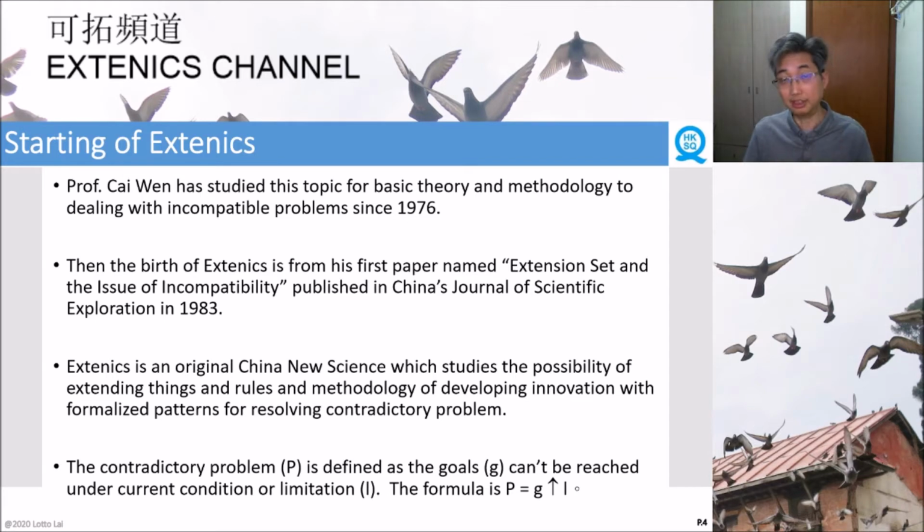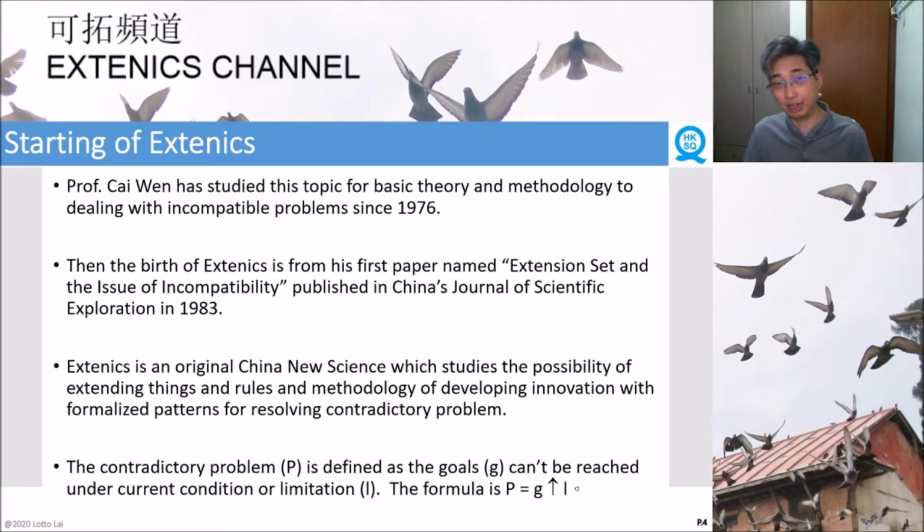In this year, the new subject Extenics was born. Extenics is an original Chinese new science. It studies the possibility of extending things, and the rules and methodology of developing innovation with formalized patterns for resolving contradiction problems.